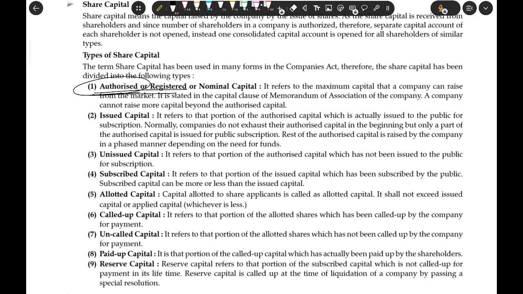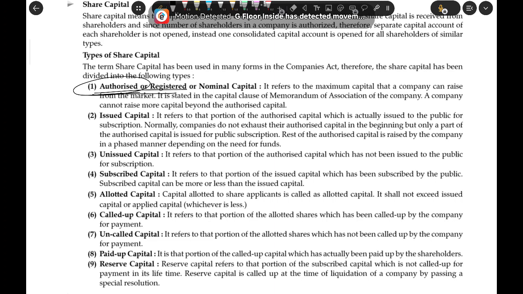Example, a company has a right to issue 1 lakh shares, but if the company raises all the 1 lakh from the public itself, the company will lose its shareholding capacity, decision authority capacity. So the company will issue only 10,000 shares or 20,000 shares to the public.